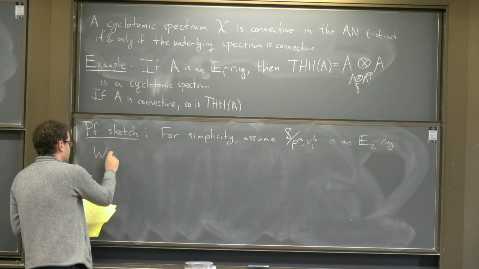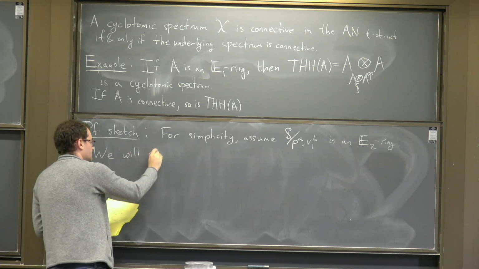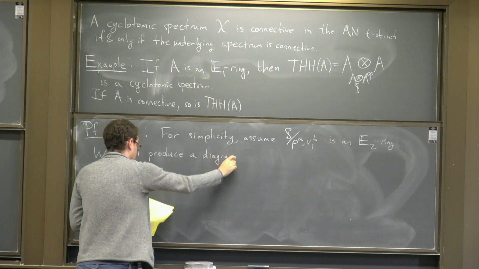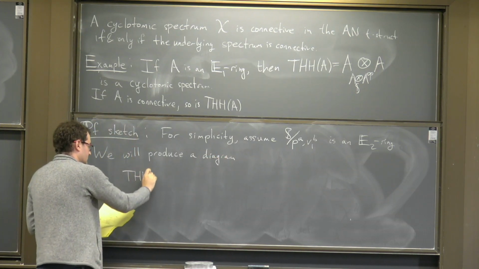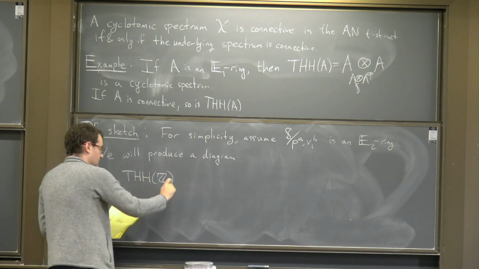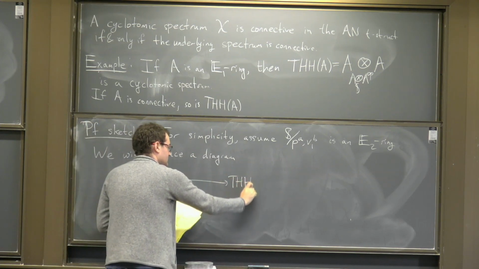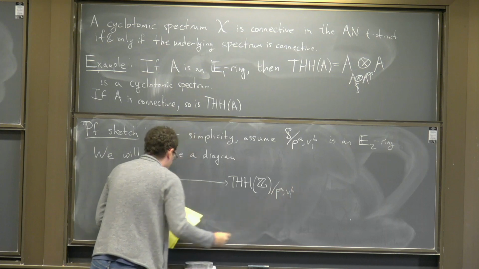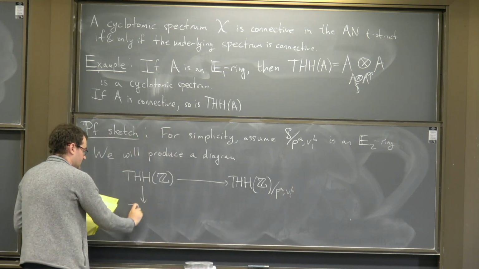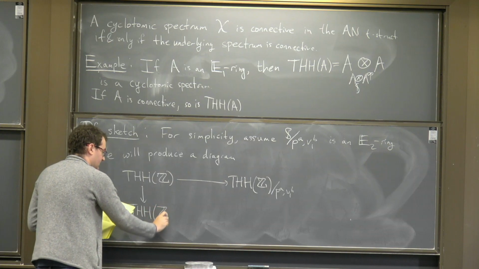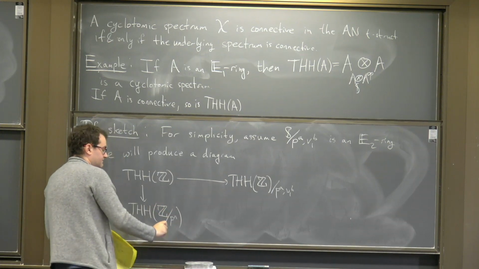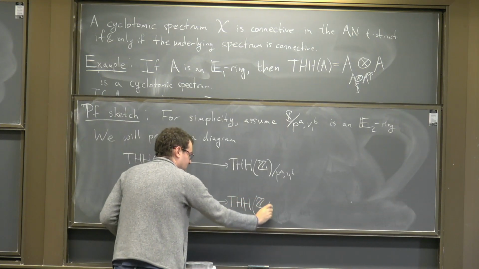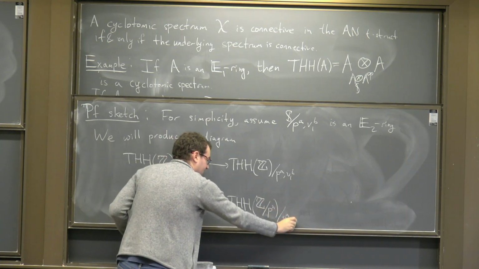So we will produce a diagram. THH of Z maps to THH of Z mod p^a v_1^b, but it also maps to THH of Z mod p^n, which maps to THH of Z mod p^n, mod p^a, v_1^b.